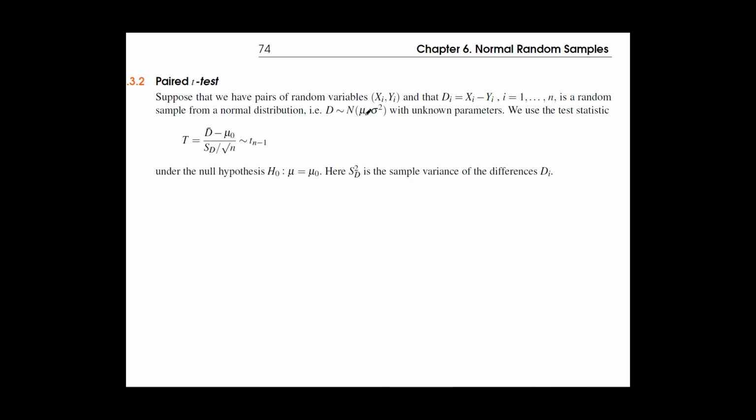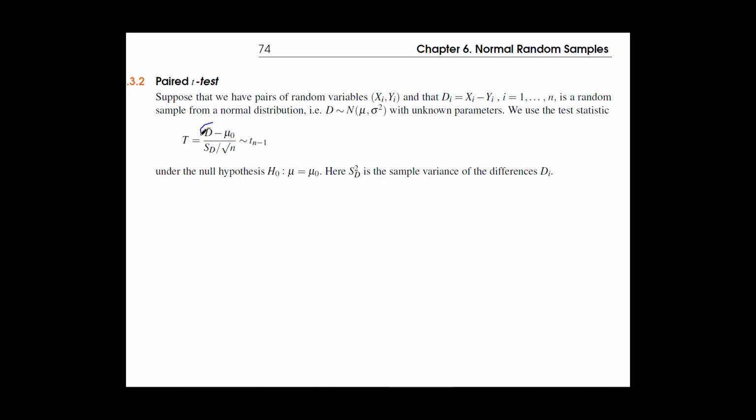Now, you could assume that safely if both X and Y are normally distributed, which is mostly the case in statistics. Then we're going to proceed exactly the same as we did before.